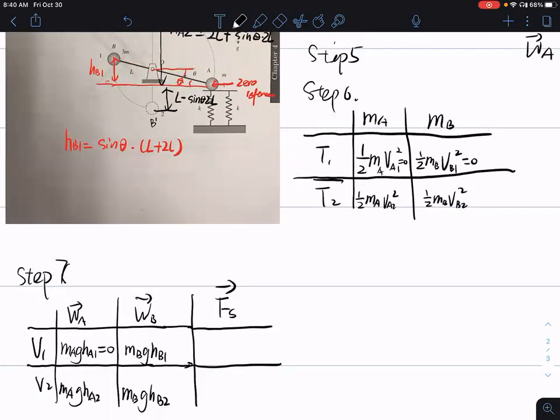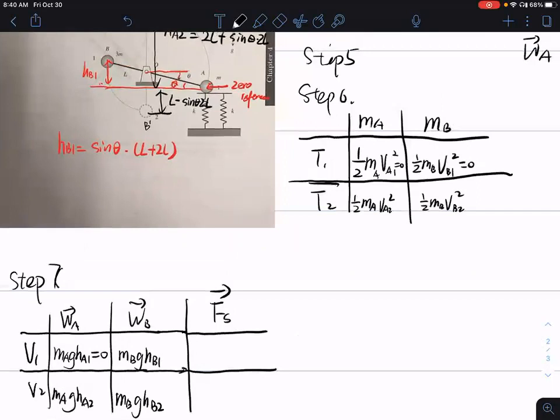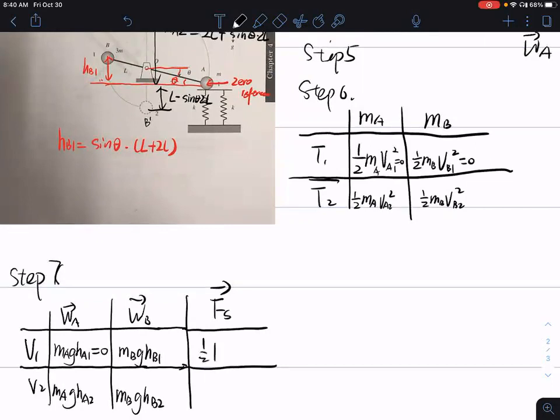Now let's deal with the spring force. At position 1, the spring is compressed, so we have 1/2 k delta x1 squared. At position 2, it's unstretched, so I have 0.